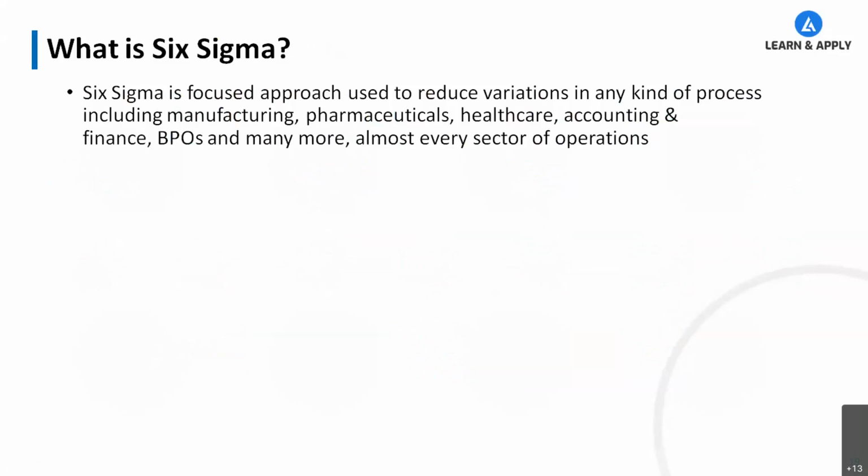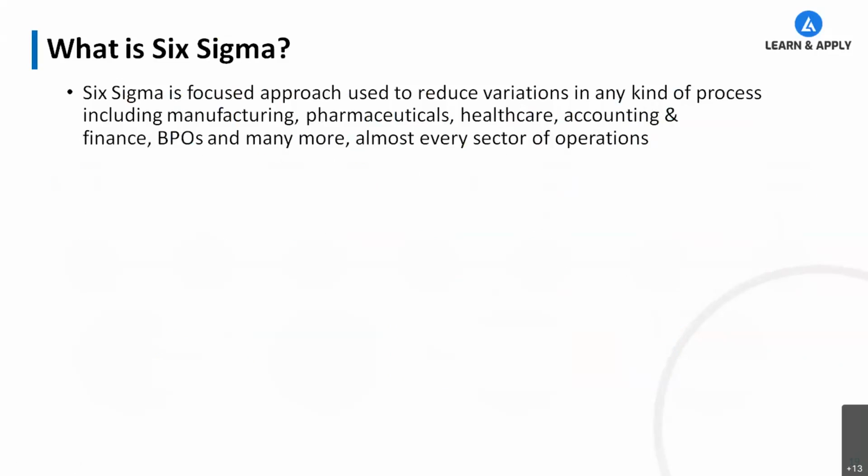Next, the second part of the term, as we have seen, Lean Six Sigma. So this is the second part, Six Sigma. What is Six Sigma? It is a focused approach used to reduce variation in any kind of process, including manufacturing, pharmaceuticals, healthcare, accounting and finance, BPOs, and many more. Almost every sector of operations.